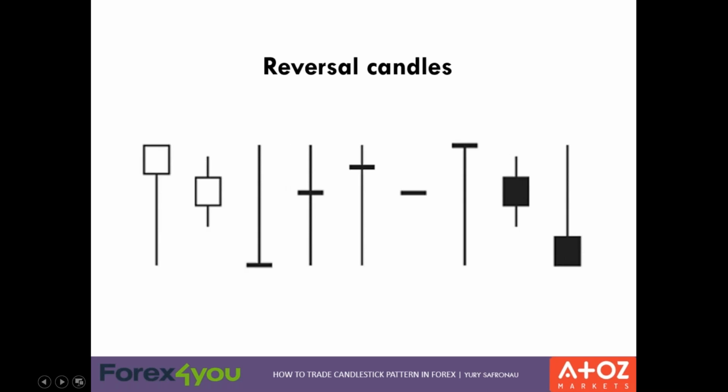The next slide shows you reversal candles. Greg Morris, in his book Candlestick Charting Explained, notes that for a pattern to qualify as a reversal pattern, there should be a prior trend to reverse. Bullish reversals require a preceding downtrend, and bearish reversals require a prior uptrend.